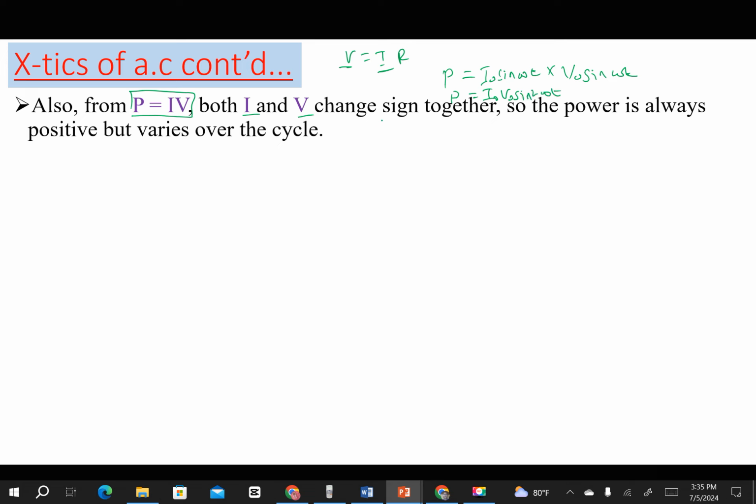So if I use that equation, the power can also be given as I naught V naught sine squared omega t.